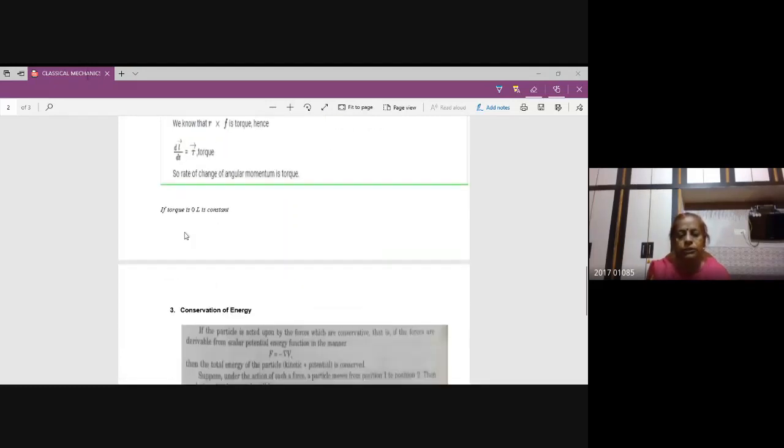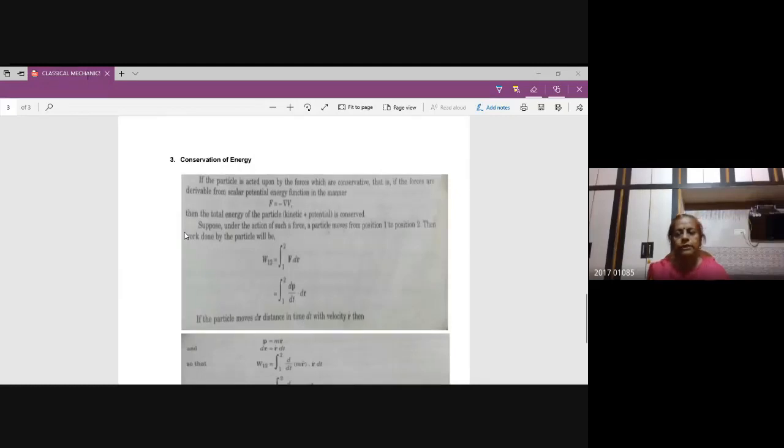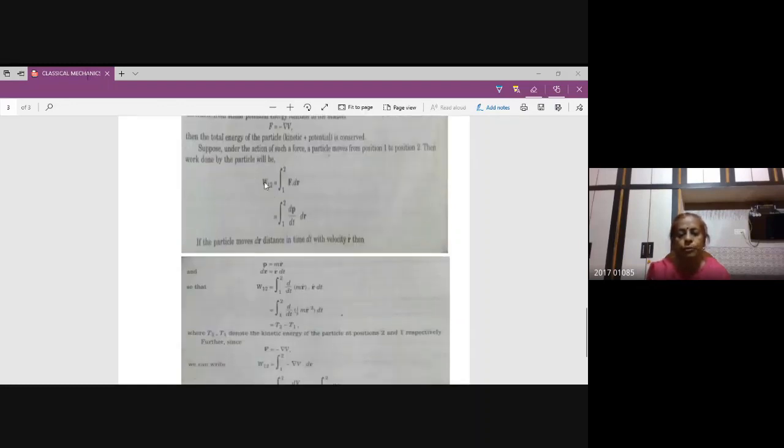Now I am going to derive the third law, that is conservation of energy. I am taking a particle which is initially at position 1. Moving this particle to its final position 2, the work done in moving from point 1 to 2 will be the integral of F dot dr over the total path 1 to 2.